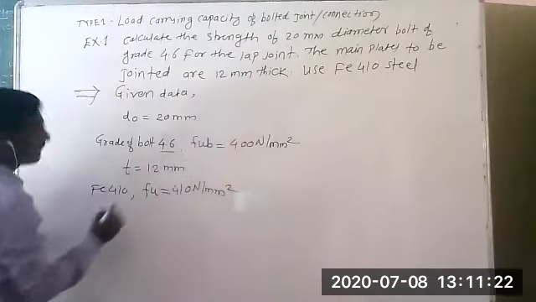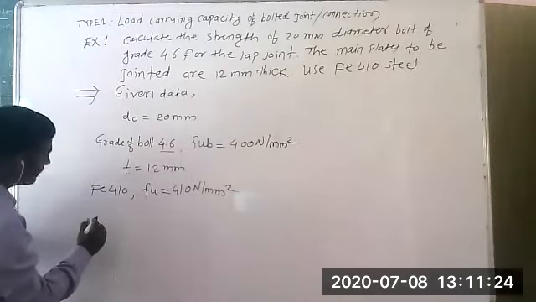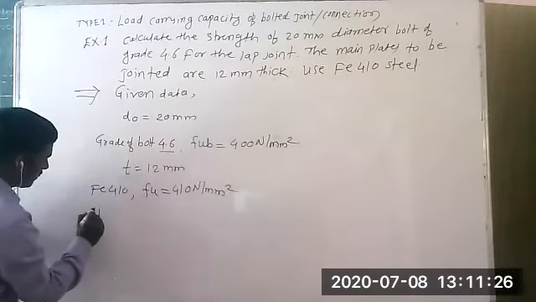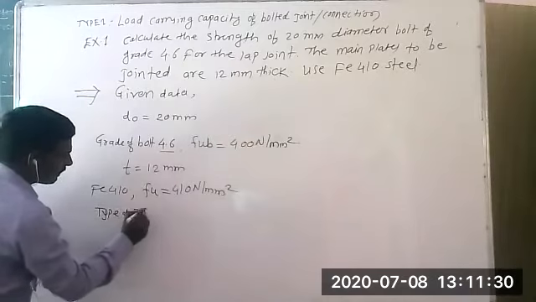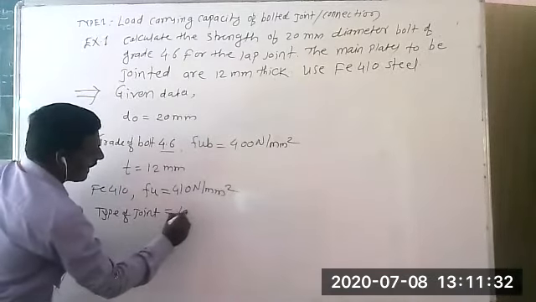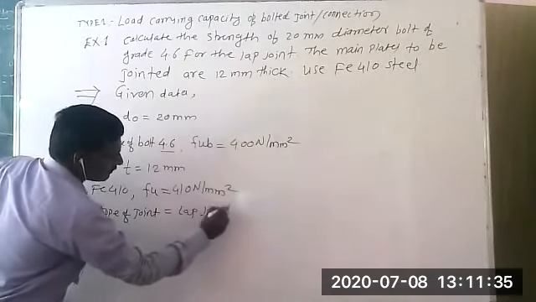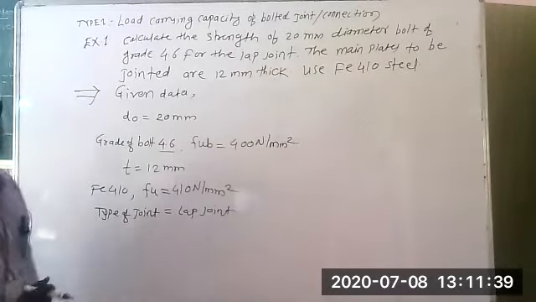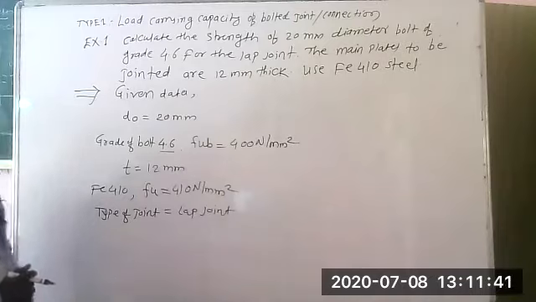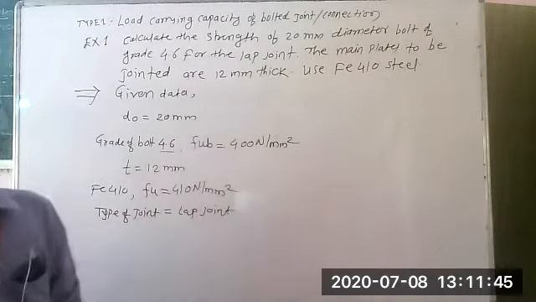One more given thing is the type of joint. The type of joint is lap joint. This is the given data. So write down this.